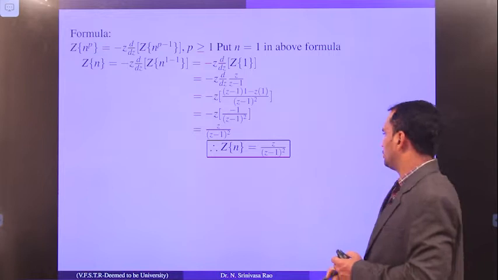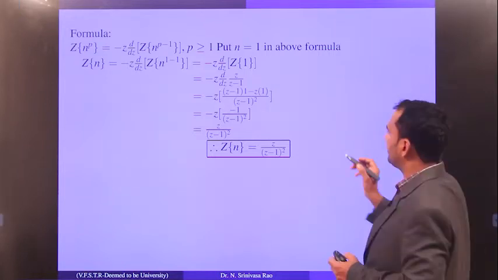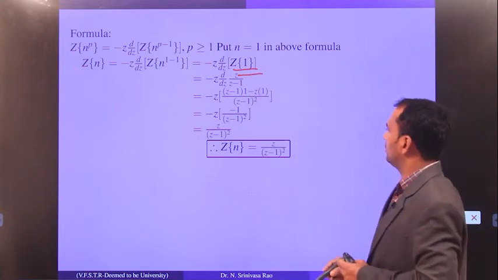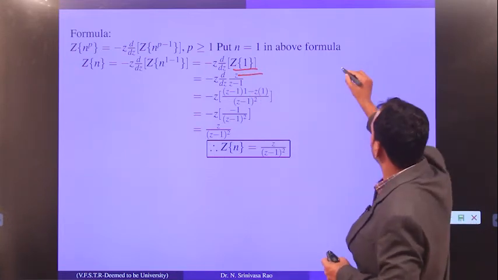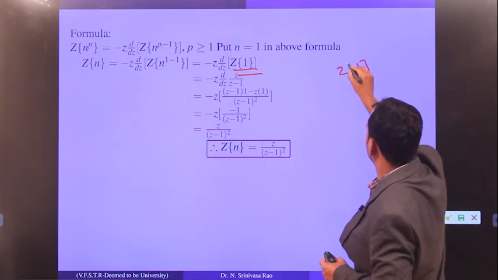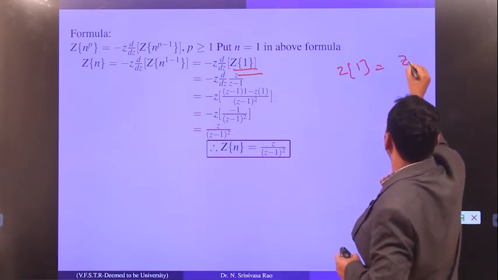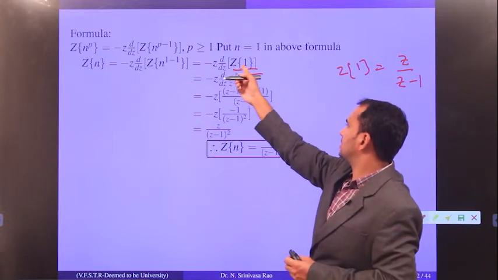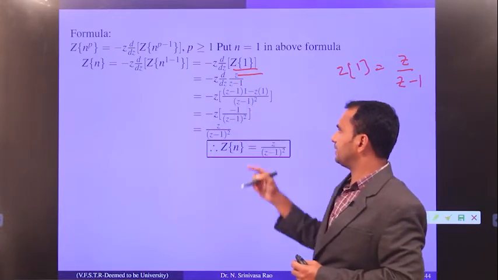Everybody knows this, we already derived it. The Z transform of 1 is z by z minus 1.